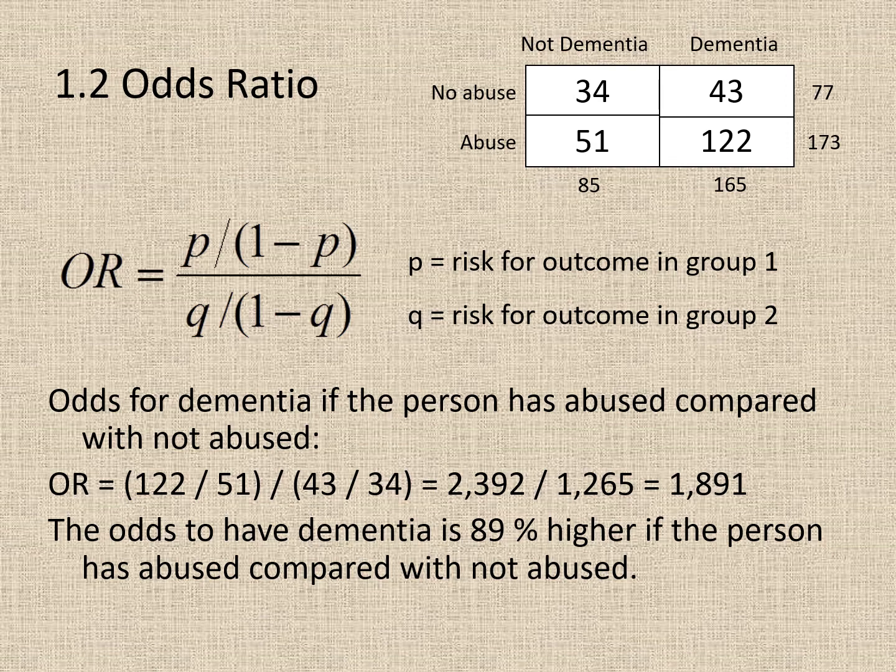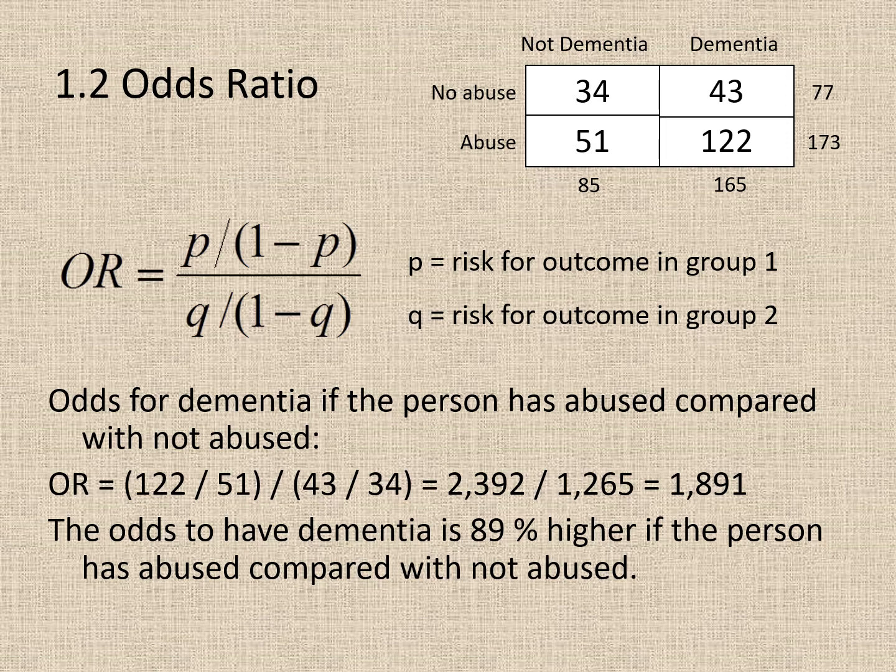So if you want to calculate the odds ratio here, we calculate the odds for having dementia if you have abused. That would be 122 divided by 51, which is 2.4. Among those who have abused, the odds for having dementia is 2.4.